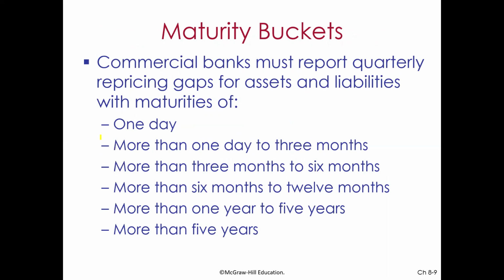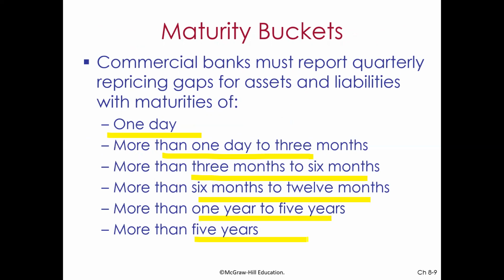For example, a financial institution can have a 1 day, more than 1 day to 3 months, 3 months to 6 months, 6 months to 12 months, 1 year to 5 years, and more than 5 years maturity buckets. In each of these maturity buckets, there will be similar maturity assets and liabilities.